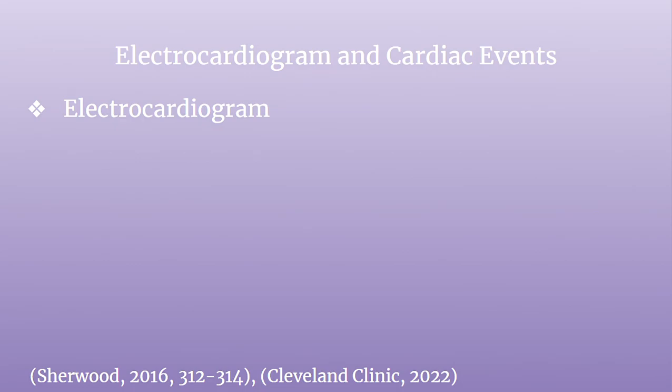Those are heart rate abnormalities. EKGs can also be used to detect heart rhythm abnormalities such as atrial flutter, which is a rapid sequence of atrial depolarization happening at rates of 200 to 380 beats per minute.